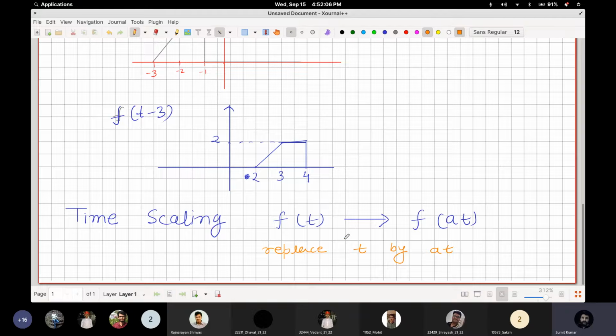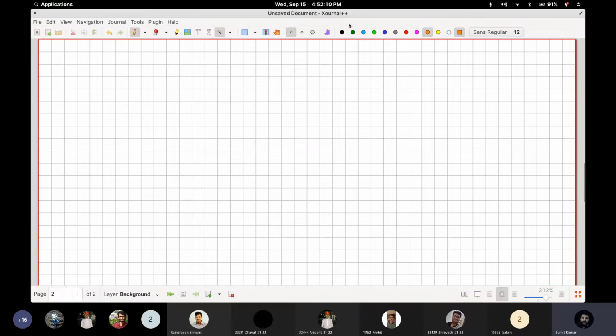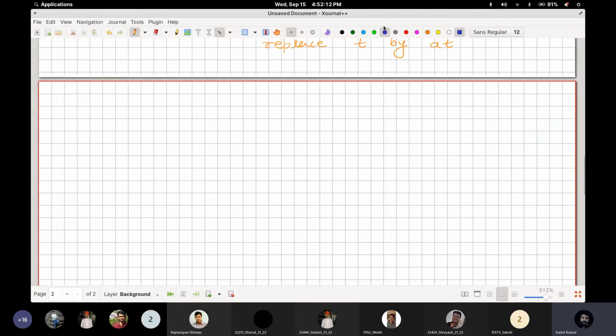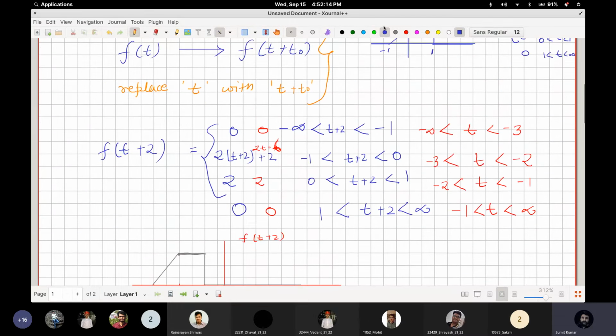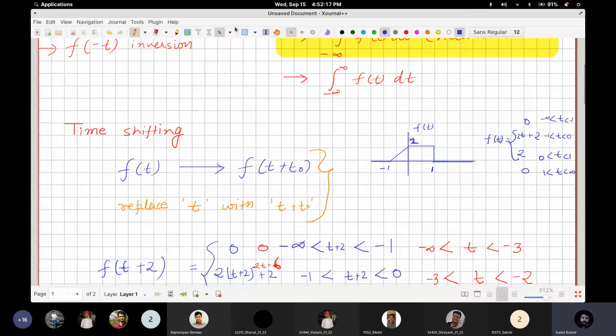So let me just do this with the same function. Let me draw my function again, and I will copy that function here.